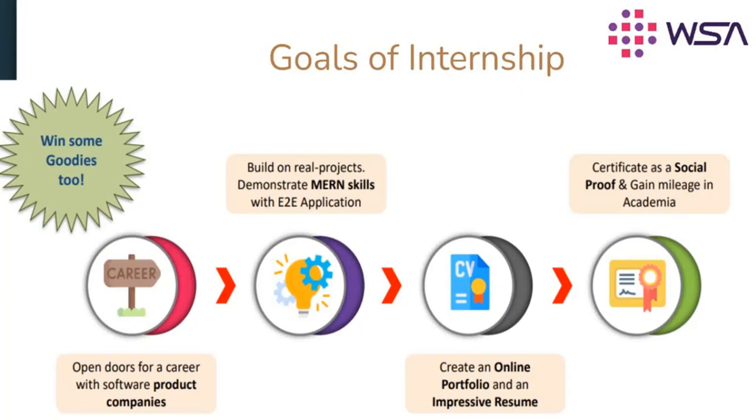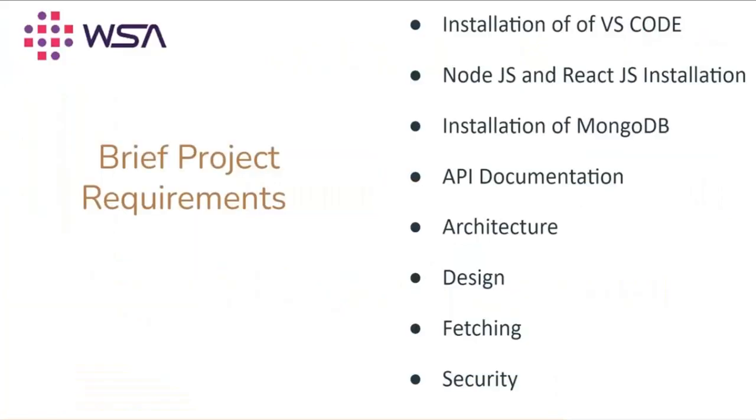The WSA has taught us how to create an online portfolio and an impressive resume using the skills we have, and all the things we have learned from this internship.